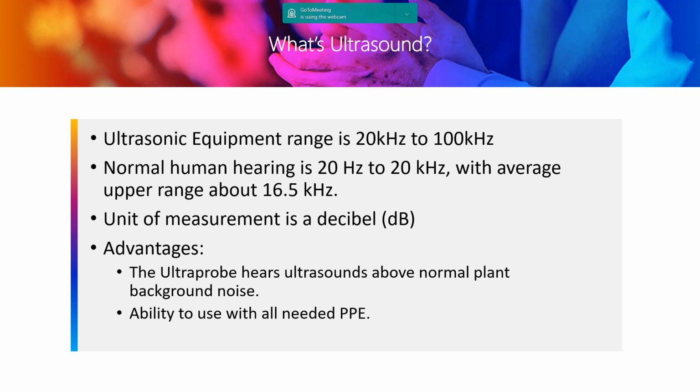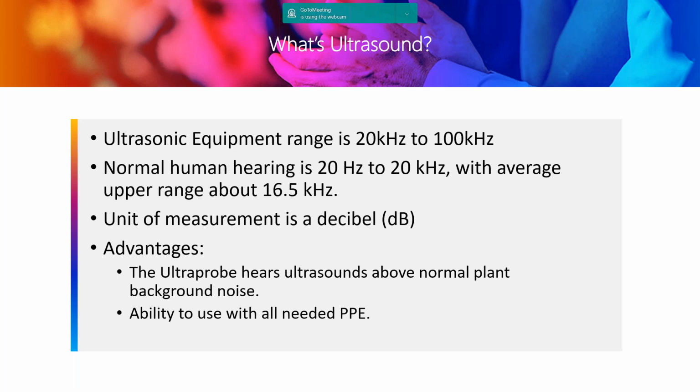The advantages of ultrasound: a lot of times, the number one question I get asked whenever I'm in a facility is, so what about the forklift driving by next to me? Or, am I going to be able to hear these leaks while the siren's going? Well, quickly, the answer is yes, mainly because we're using these different frequencies to center in on.